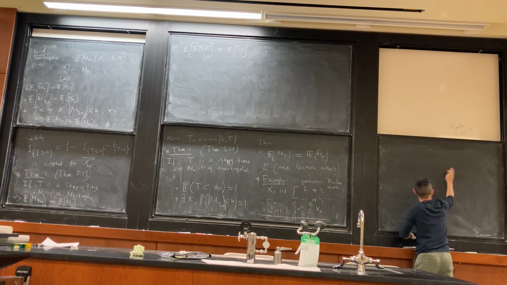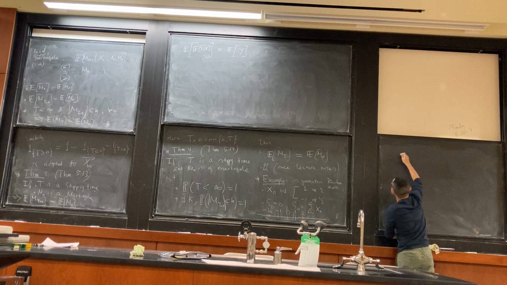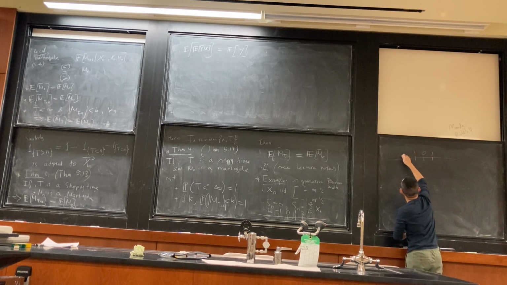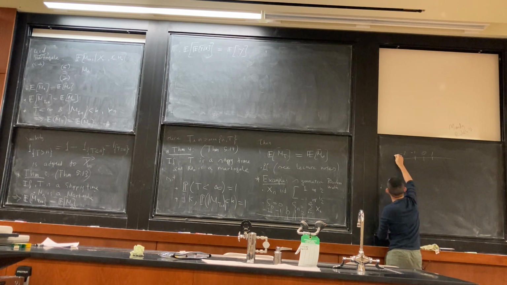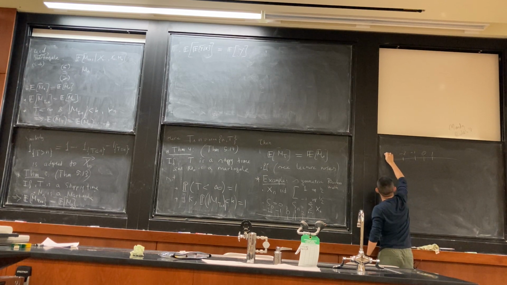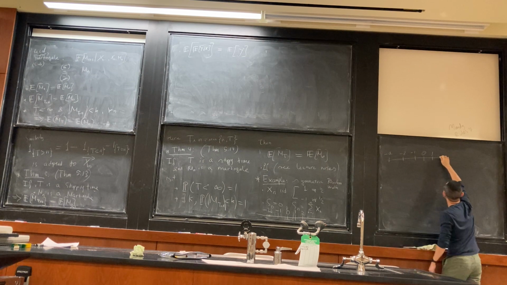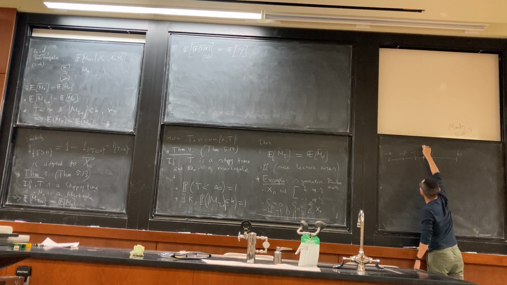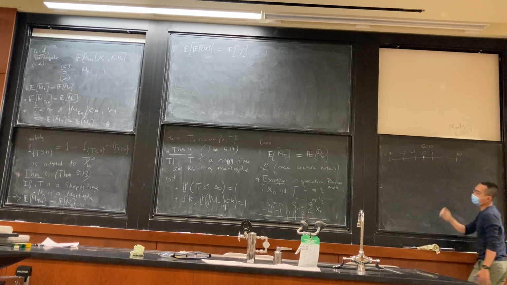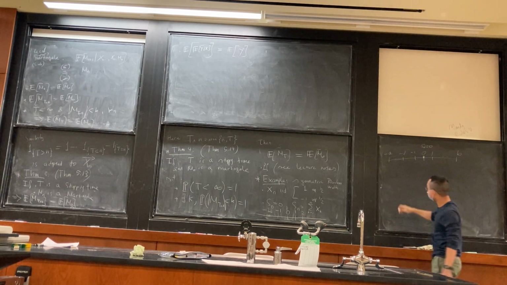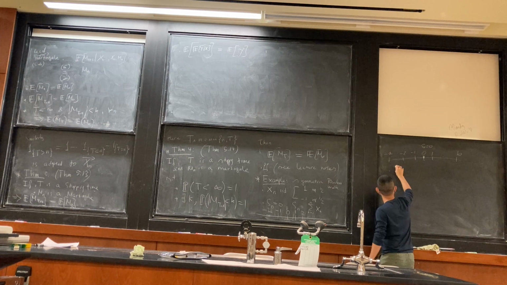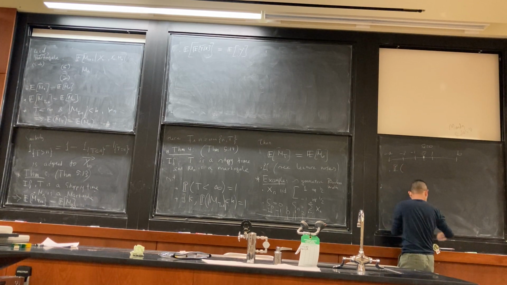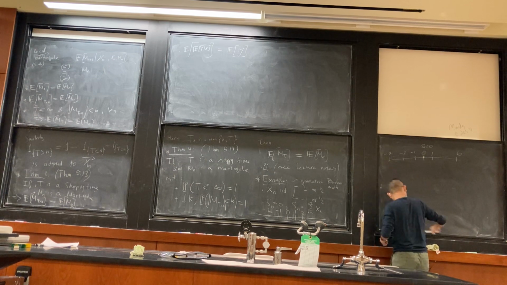Now consider the following setting: 0, 1, negative 2. Let's say this is negative A, let's say this is B, and I start from time 0, so S_0 is 0. I'm sorry, I forgot to define the stopping time.